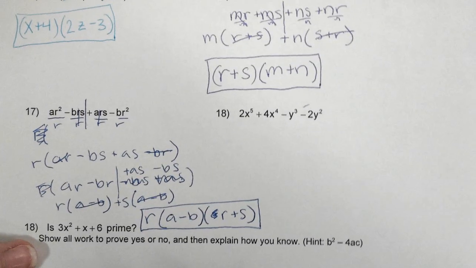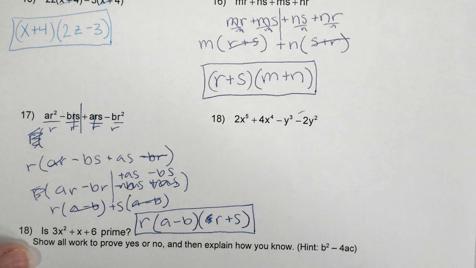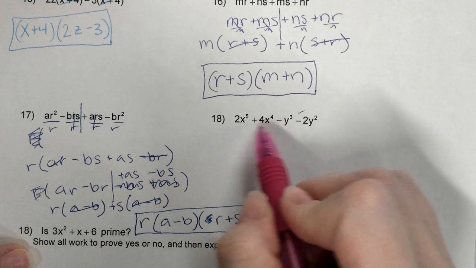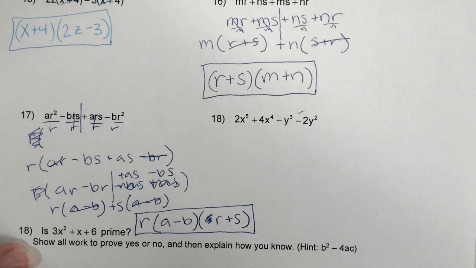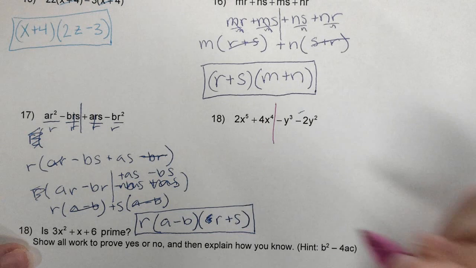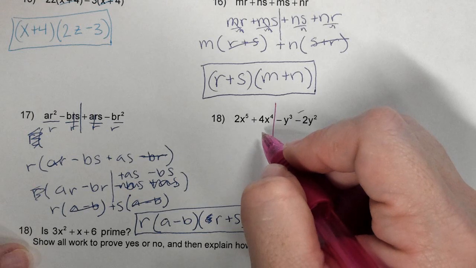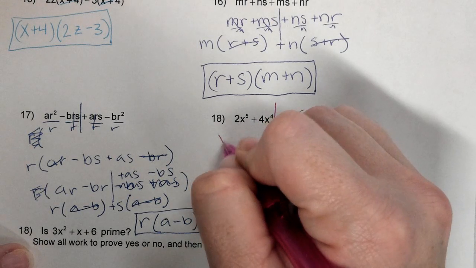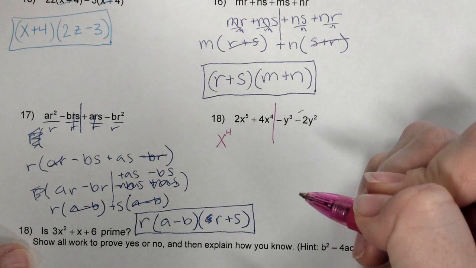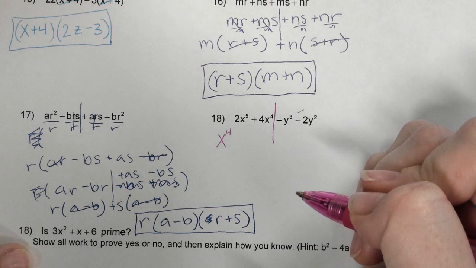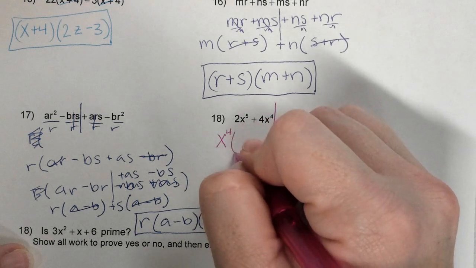Okay, last one of grouping. 18. So degree of 5, degree of 4, degree of 3, degree of 2. Perfect. It's in order. Cut it in half. What do we have in common? We have x to the 4th. And when we take that out, I don't think this is going to work.